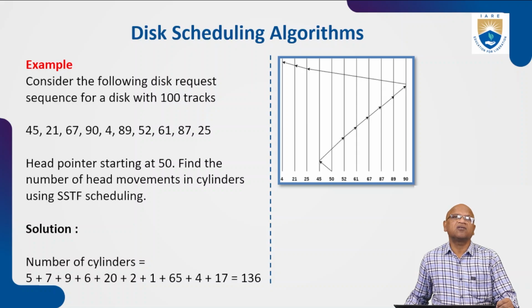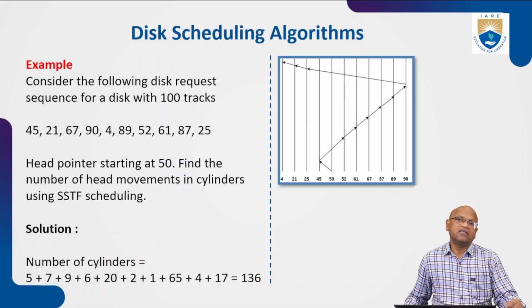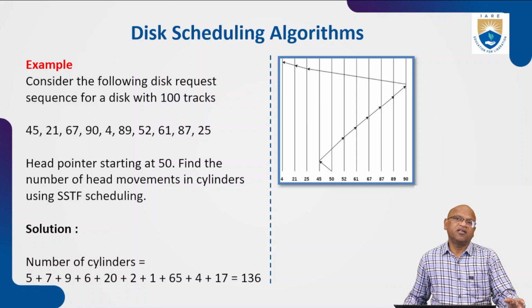In this case, with shortest seek time first, your head is at 50. Out of all these cylinders, which one is nearest? 45 is near, so it goes to 45 first, since it is nearby to 50.